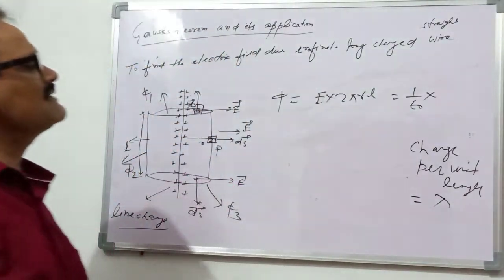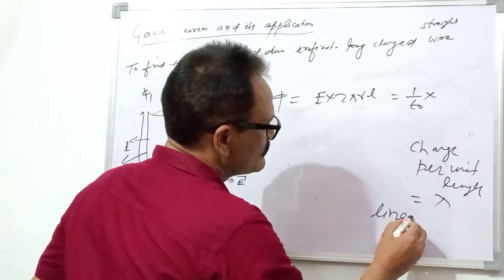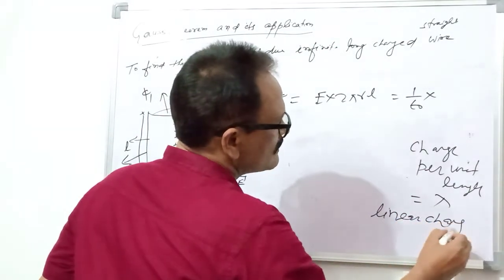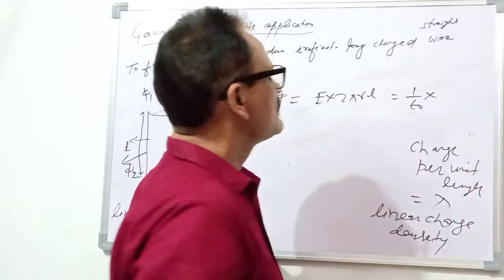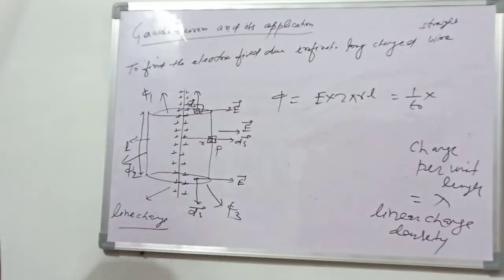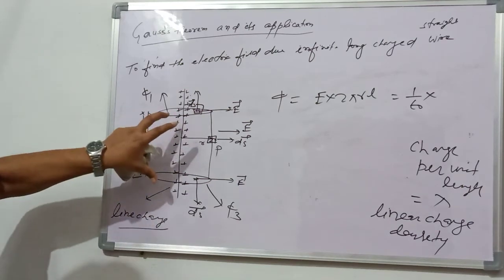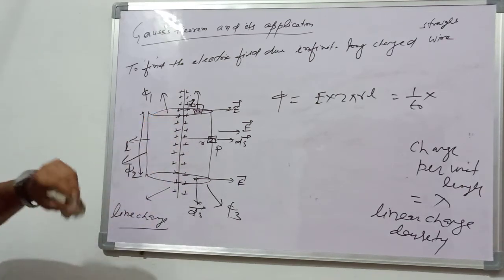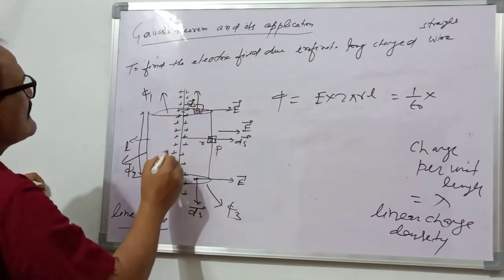Lambda is also known as linear charge density, meaning charge per unit length, and inside this cylindrical Gaussian surface the length of this line charge is L.